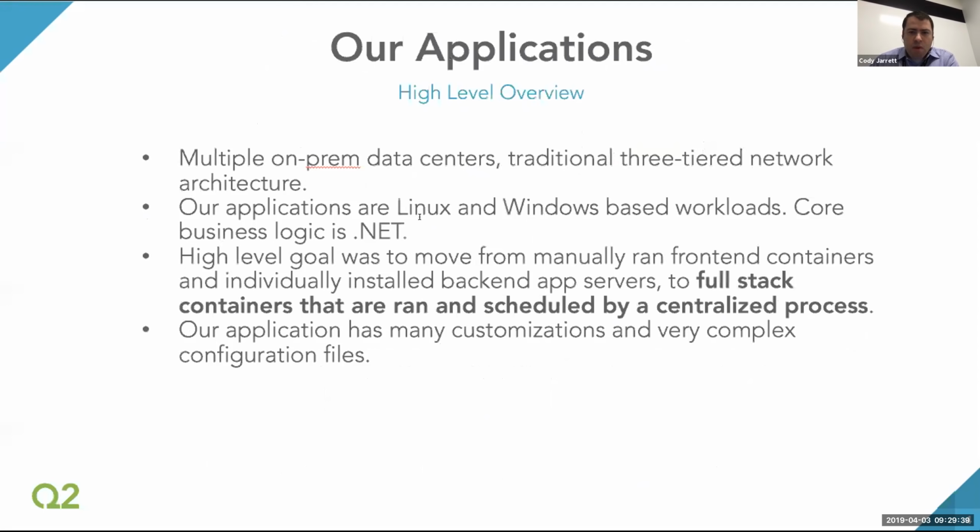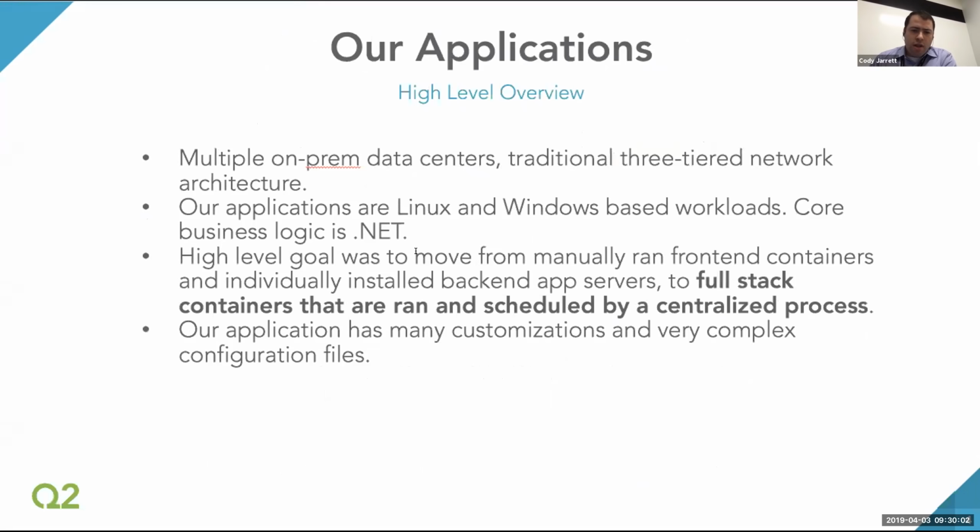And our application overview: in our environment, we have multiple traditional on-premise data centers. We have traditional three-tier network architectures and Linux and Windows workloads. Our core business logic is written in .NET.